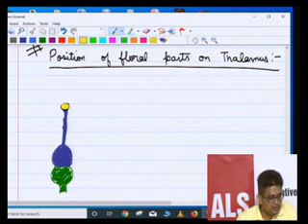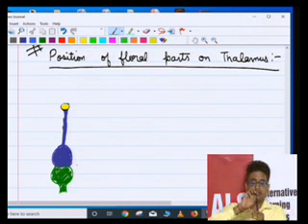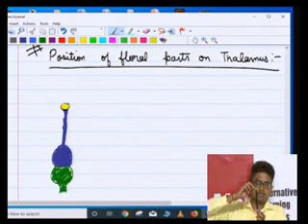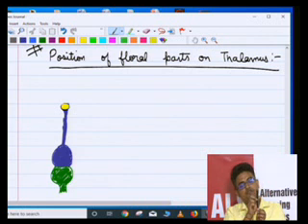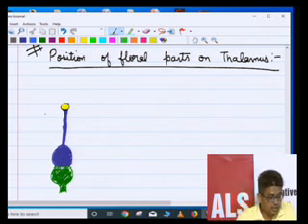Now the floral parts that are besides these, please try to note this here. This is the ovary sitting right on top of the thalamus. The other floral parts will be inserted below this. The androecium comes first, it's here. This is the androecium.